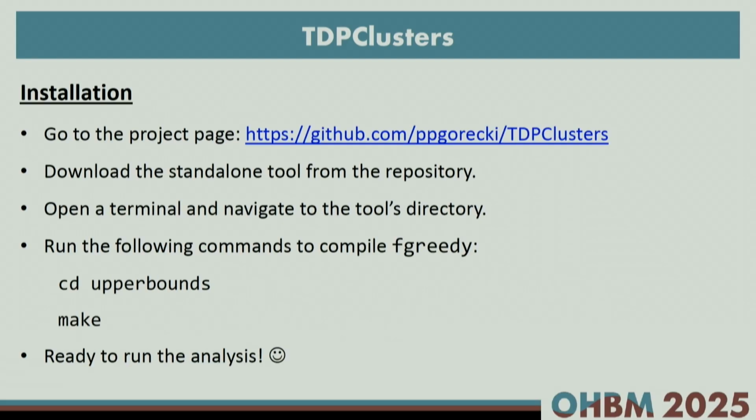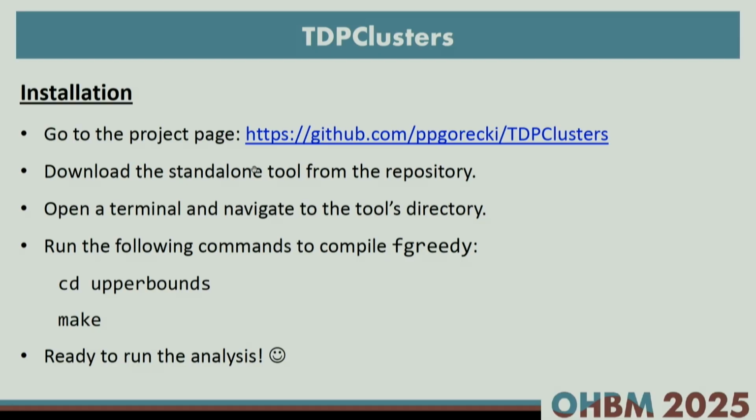So how to install this tool? First of all, you will need to go to the GitHub repository webpage and download the standalone tool. Here, we build this TDP clusters as a standalone tool instead of the SPM extension, because running this algorithm in MATLAB is super slow. So instead, we run this algorithm in C and Python to enable a faster implementation.